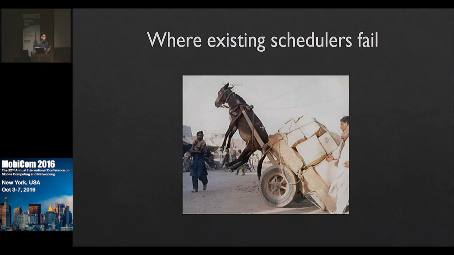This is because the continuous sensor stream generates a large number of sensor processing tasks in a short amount of time. And if we frequently schedule with the current frameworks, we actually incur a large energy overhead. And I'll show you examples later to give you an idea of what this overhead might be.